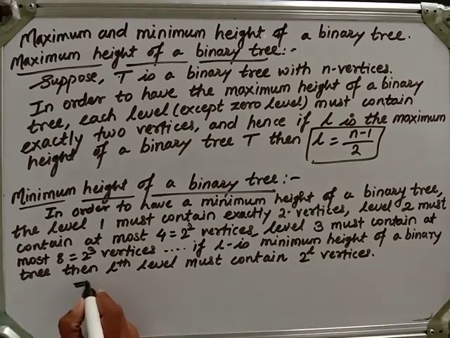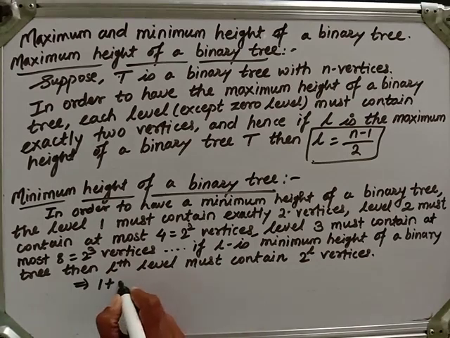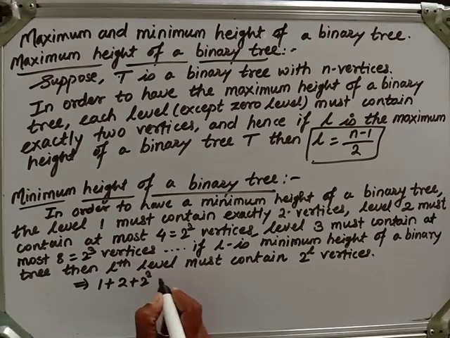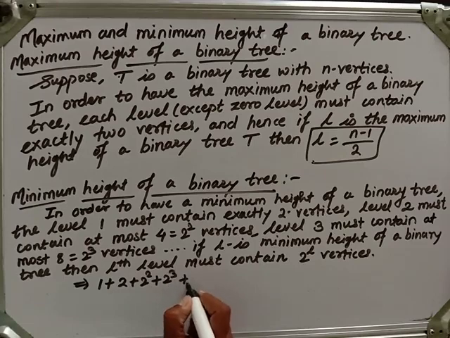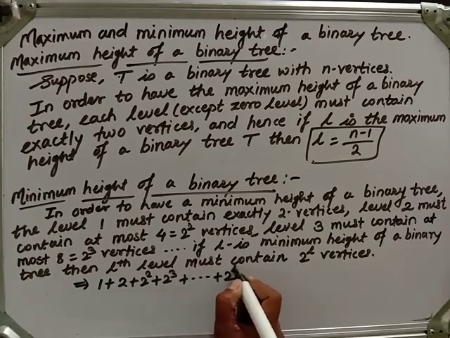So that gives us 1, first the root, then 2 plus 2 square plus 2 cube plus so on up to 2 raised to L is what?